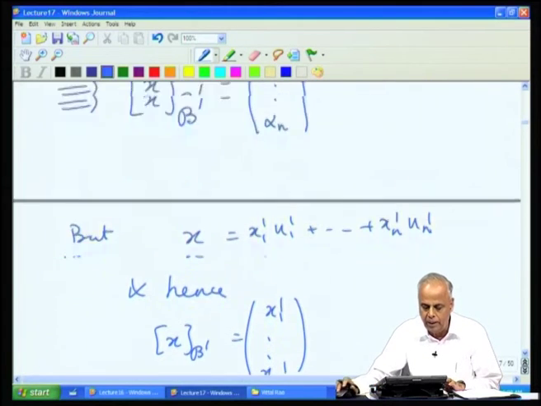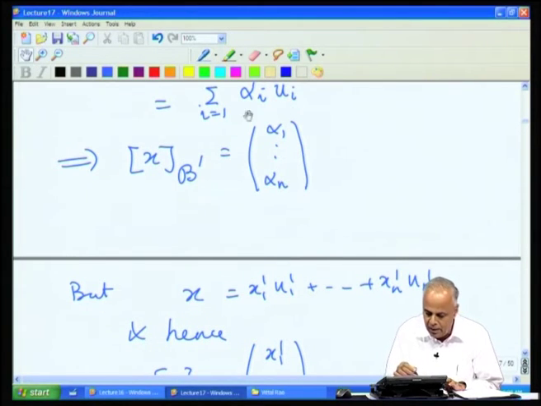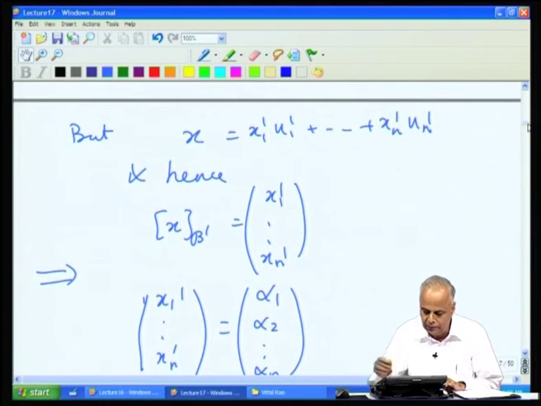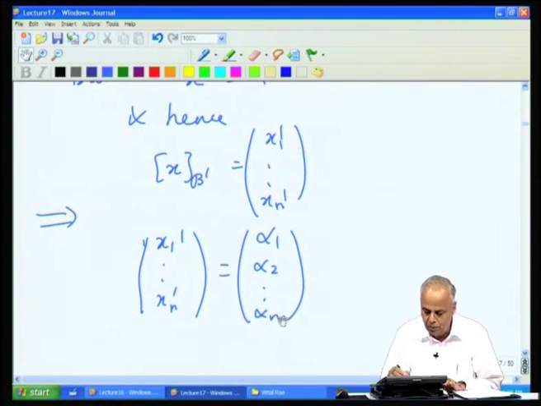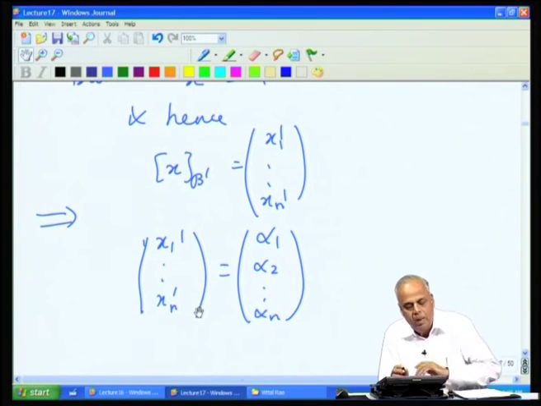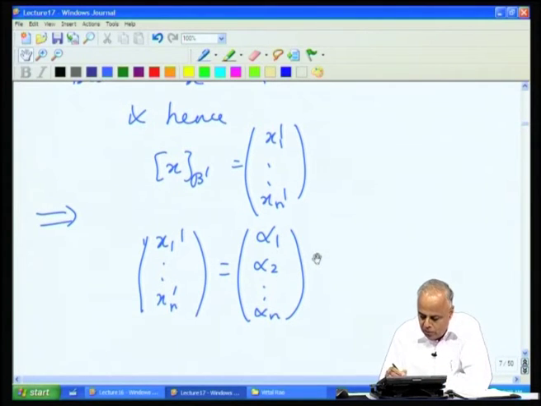So, comparing this representation here with this representation here, we get x_1', x_2', ..., x_n' must be alpha 1, alpha 2, ..., alpha n.